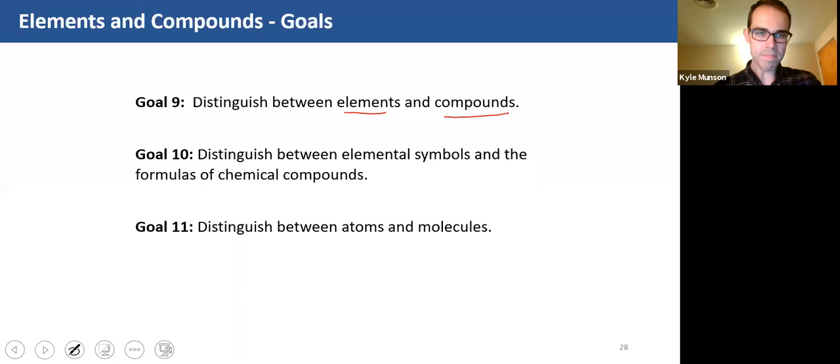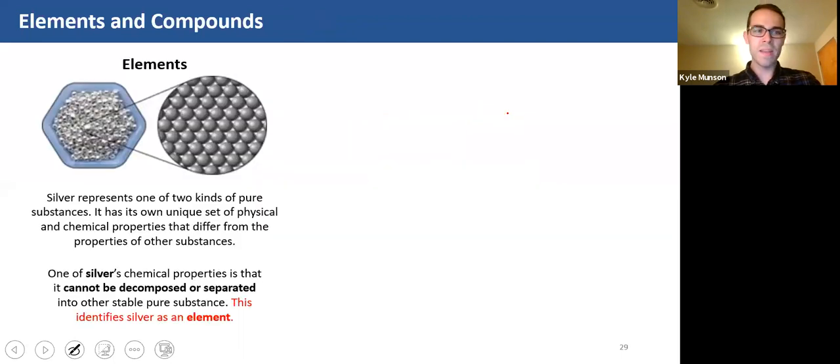So here we go. We're going to use silver as a representation of one of two kinds of pure substances. And like all pure substances, silver has its own unique set of physical and chemical properties that differ from the properties of other substances. Silver is unique.